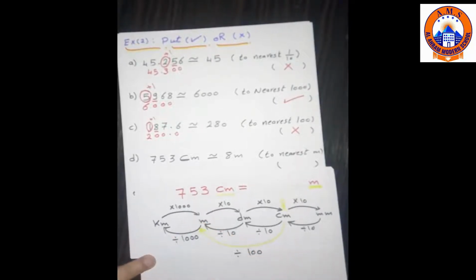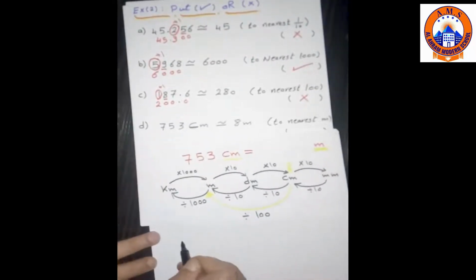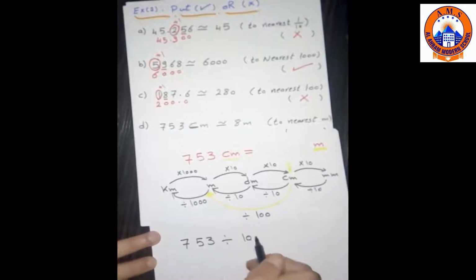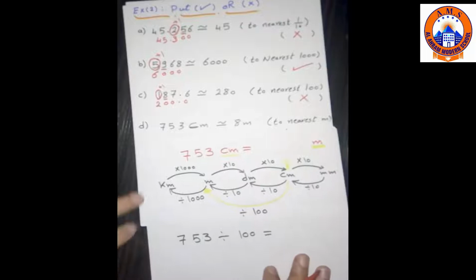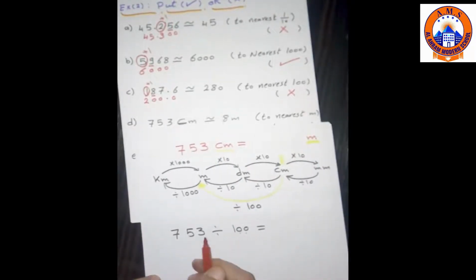So let's take this number and divide it by 100. 753 divided by 100 equals, when dividing any number by 10 or 100 or 1000, we just put a point, and here we will put a point after 2 digits because we have 2 zeros. So this is 1, 2, we're going to put a point here, so the answer is 7.53 meters.